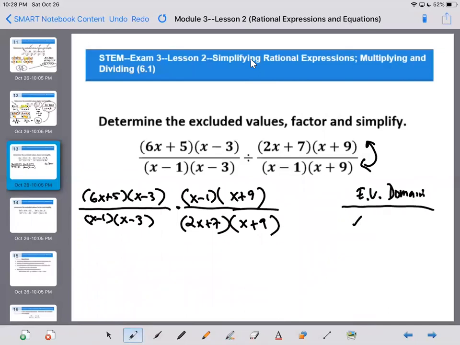X cannot be... all right, so remember we're looking here. X minus 1, so that means x cannot be 1. We're seeing x minus 3, notice here. So solve, we get x equals 3, so x cannot be 3. We're also looking here.